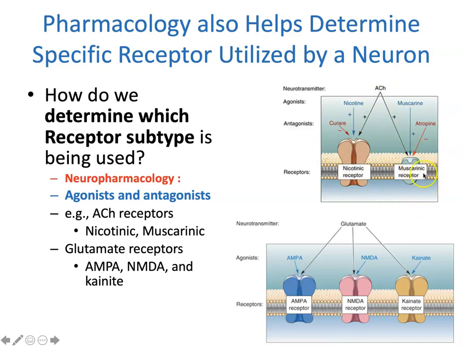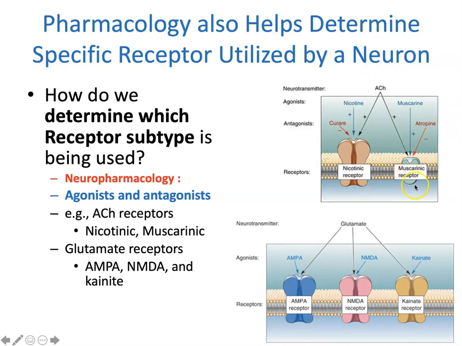In the case of muscarinic receptors, they can be positively affected by muscarine, or they can be antagonized by atropine. Atropine is from a belladonna plant, and it will antagonize the muscarinic receptors.